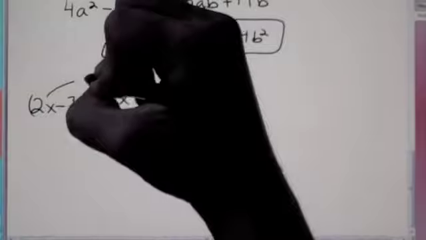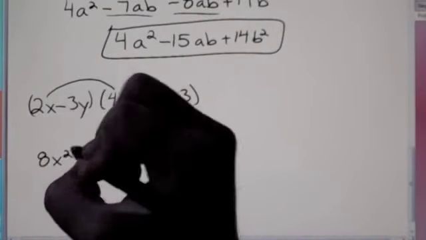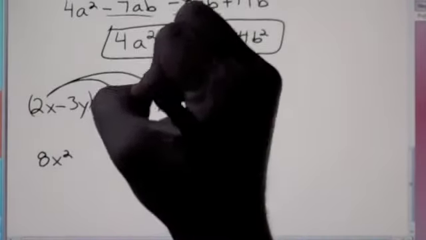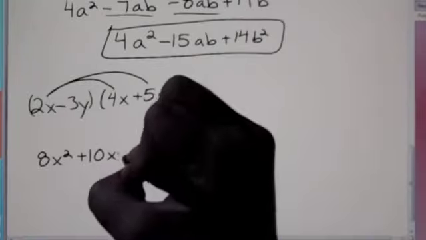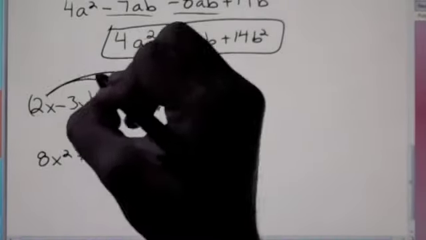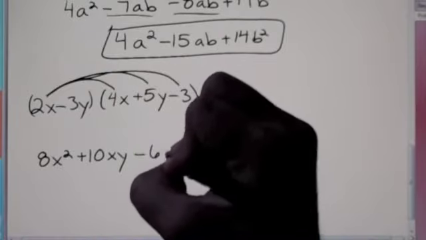So I'm going to distribute here. 2x times 4x is 8x squared. Distribute here. 2 times 5 is 10. Then we have xy. 2x times negative 3 gives us a negative 6x.